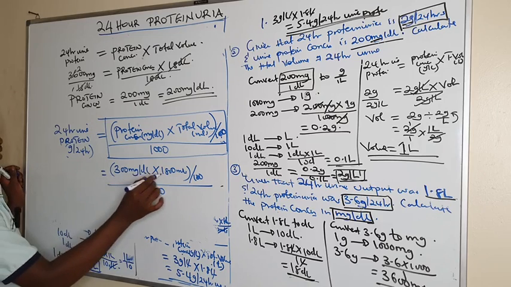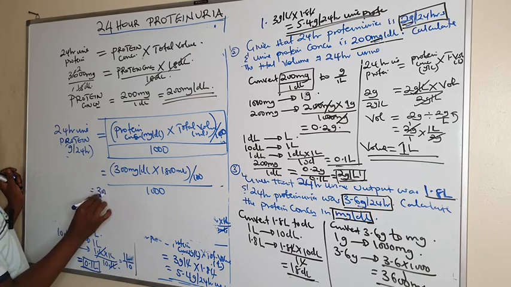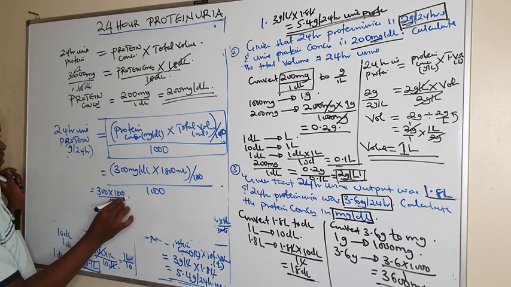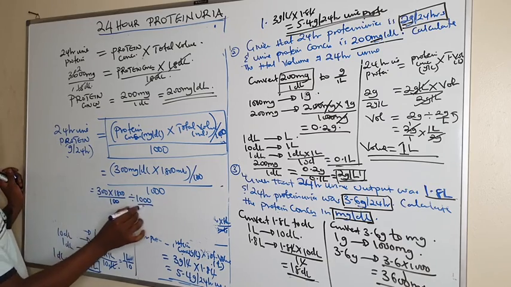So it becomes 300 times 1,800 over 100, then divided by 1,000. This is the same over 1.